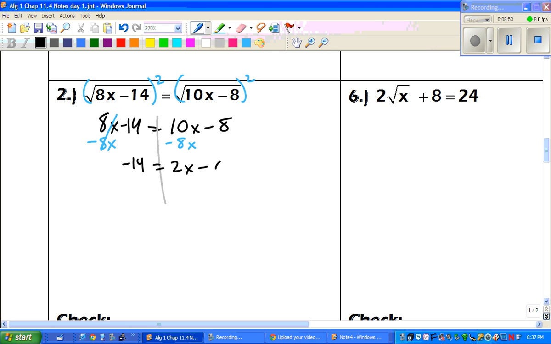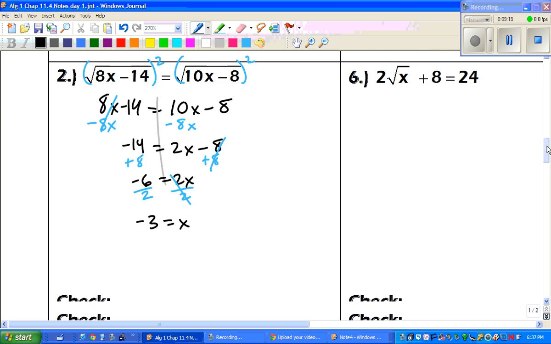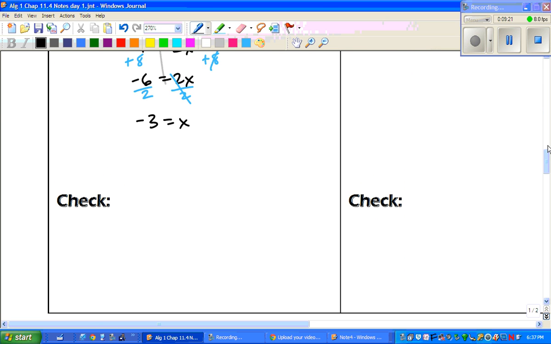And we get 2x minus 8. I want to add the 8 to both sides. And we get negative 6 equals 2x. And the last thing is to divide both sides by 2. And we get negative 3 equals x. Now, the next thing we have to do is check.